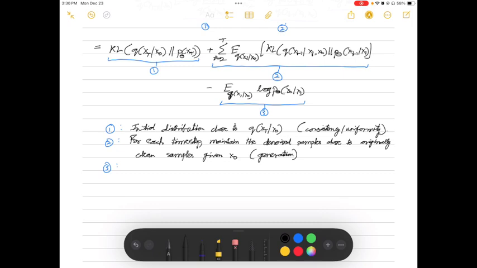this likelihood. So for the final sample, maximize its likelihood given the previous sample in the chain.